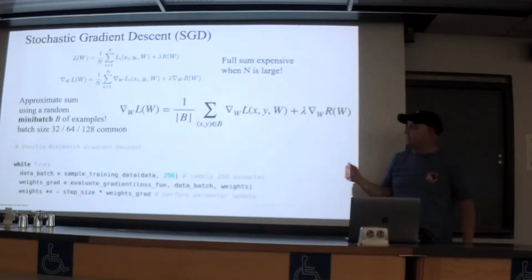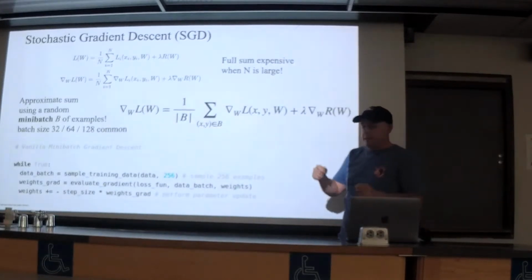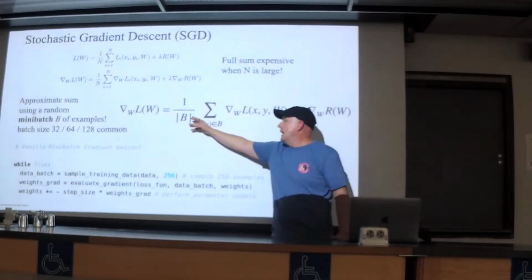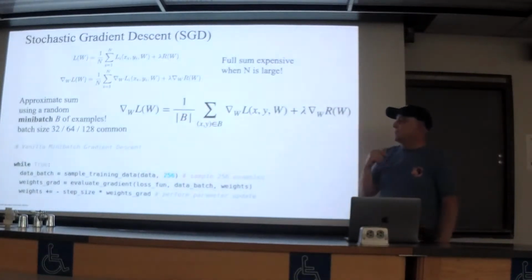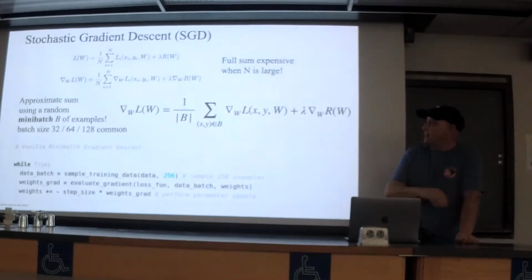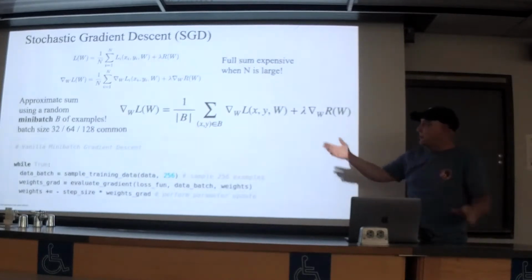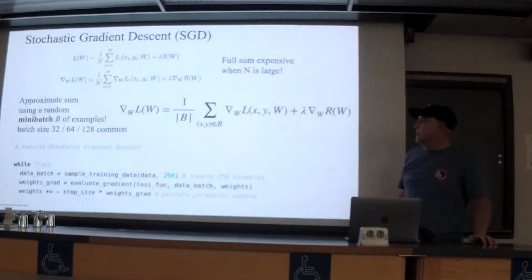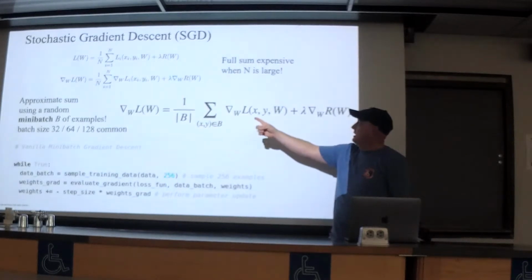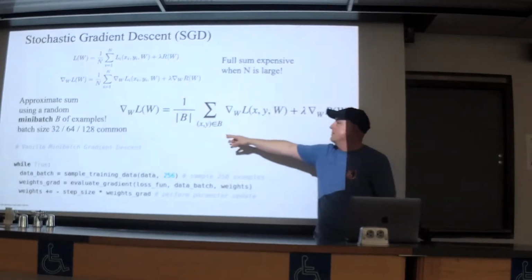The idea here is that every time we want to update our parameters, we don't calculate the whole loss. We sample what's known as a mini batch, or sometimes just called a batch, if we're sick of saying mini, randomly sampled from our training data, and then compute the loss just with that mini batch.